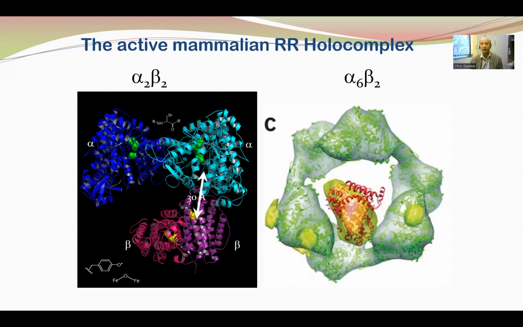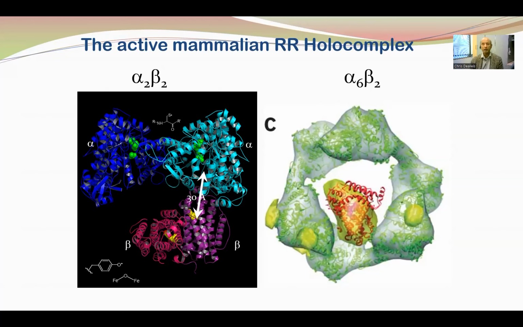This happens through a very elegant chemical mechanism called proton-coupled electron transfer, where this catalytic radical has to move from the small subunit into the large subunit through a shuffling process, traveling some 35 angstroms to initiate catalysis, where the ribose receives the free radical.